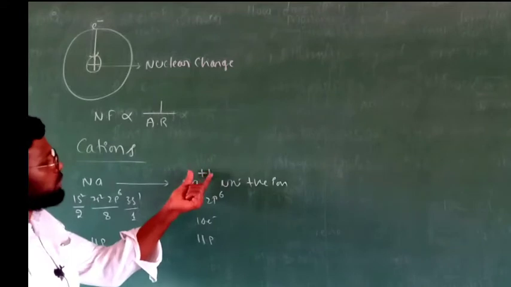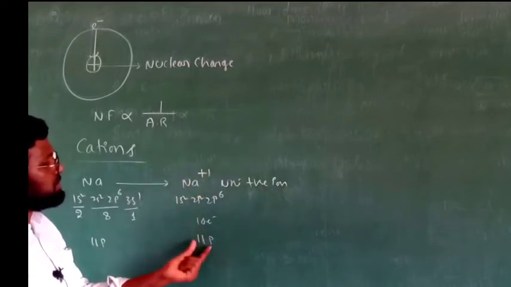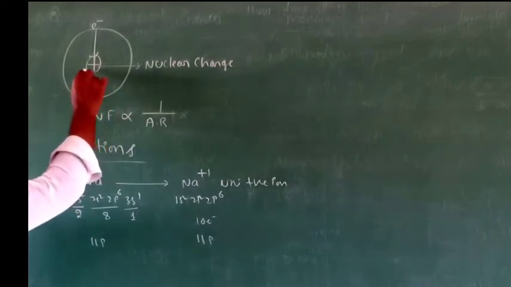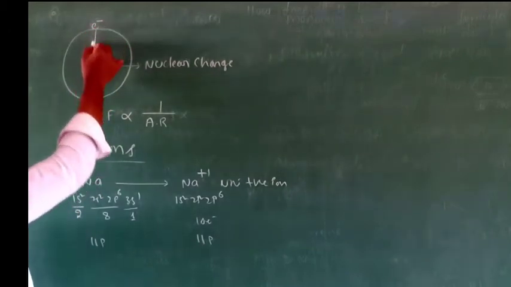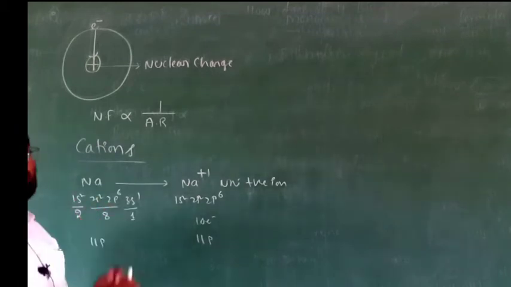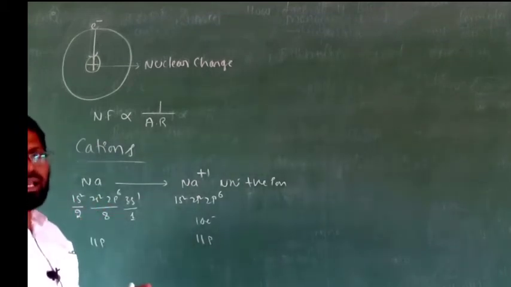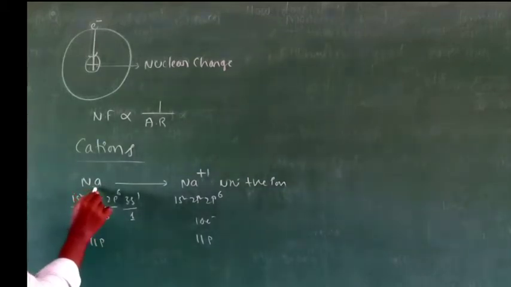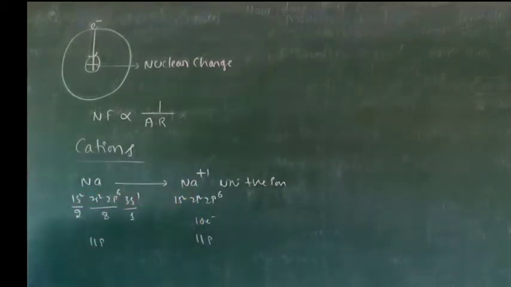So when the charge of protons increases, or the number of protons increases, nuclear force of attraction increases, then electrons get attracted towards the nucleus. Then obviously the size of the atom or size of the ion gets reduced. So among sodium neutral atom and sodium ion, whose size will be greater?